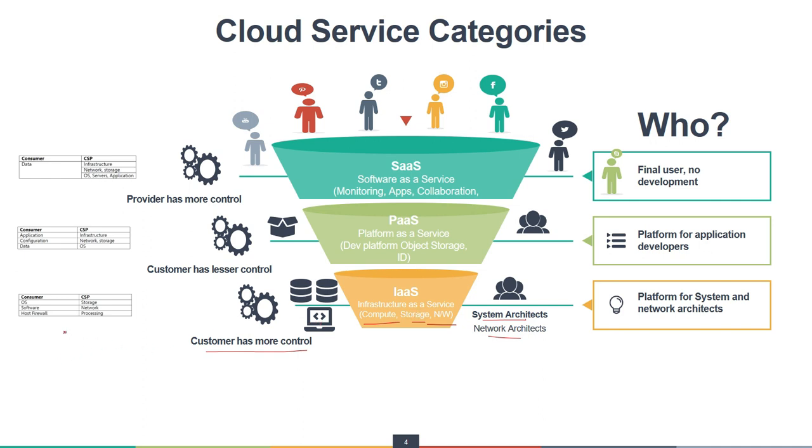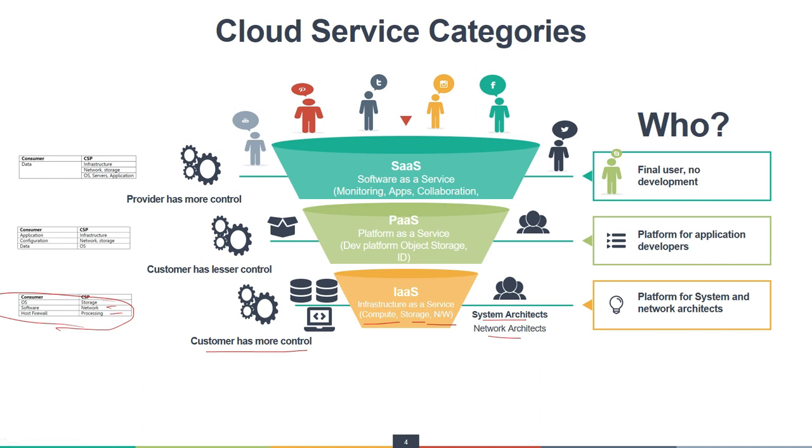When we talk about the responsibility, the cloud customer has the responsibility of the OS, software, and host firewall, for example, while the cloud service provider is responsible for storage, network, and processing power. So, what are the benefits of IaaS?